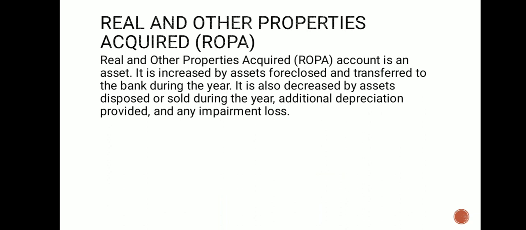And time will come that the bank is forced to take the collateral properties of the borrowers who failed to pay their obligation. And then the values of the properties acquired from foreclosures are entered into the accounting records of the business through the account title, real and other properties acquired, or ROPA.